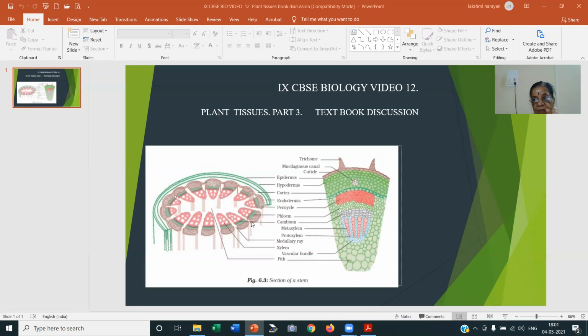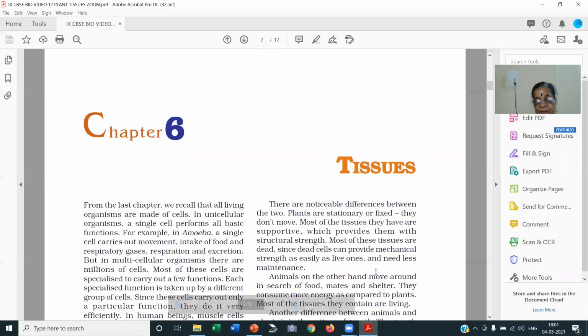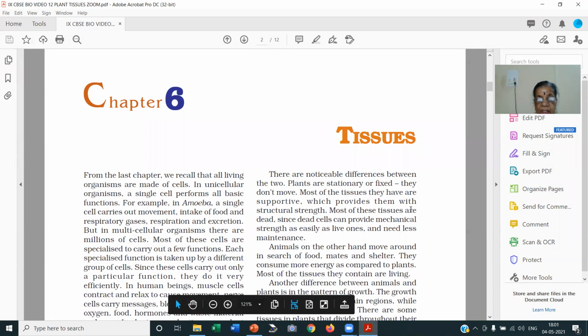Simple permanent tissues are parenchyma, collenchyma, and sclerenchyma, whereas complex permanent tissues are xylem and phloem. We are going to learn this in this lesson. So have your PDF with you.